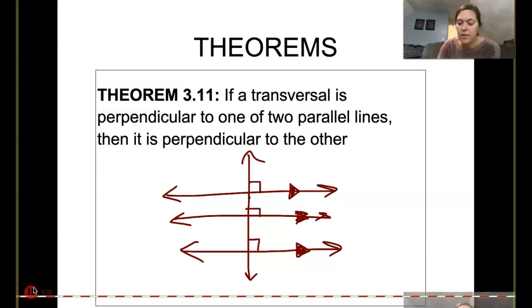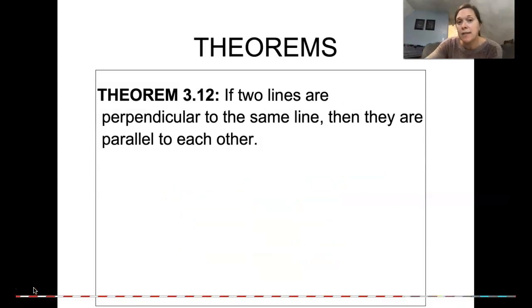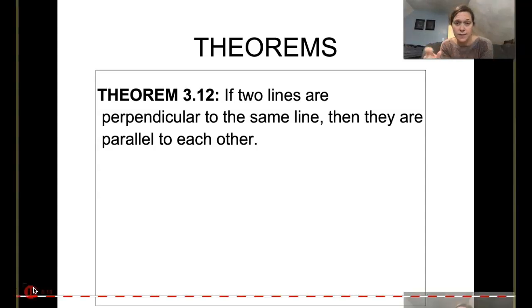Okay. And so then our last theorem that I want you to jot down is kind of the converse of that. Theorem 3.12 says if two lines are perpendicular to the same line, then they would be parallel to each other. So in the last one we had parallel lines, transversal was perpendicular to one, which makes it perpendicular to the other.